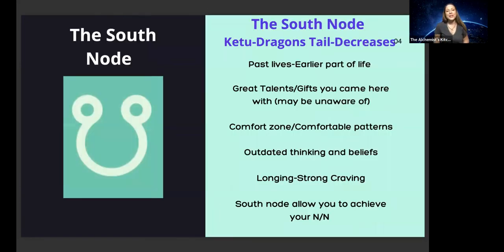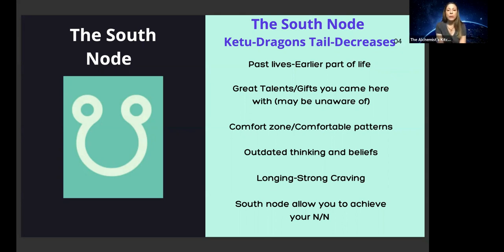Okay. So now we are going to talk about the node specifically and what the south node is. So the south node is known as Ketu. It's the dragon's tail, and the energy with the south node is decreased. So the south node has to do with our past lives. And if you don't believe in past lives, it has to do with the earlier part of our life.